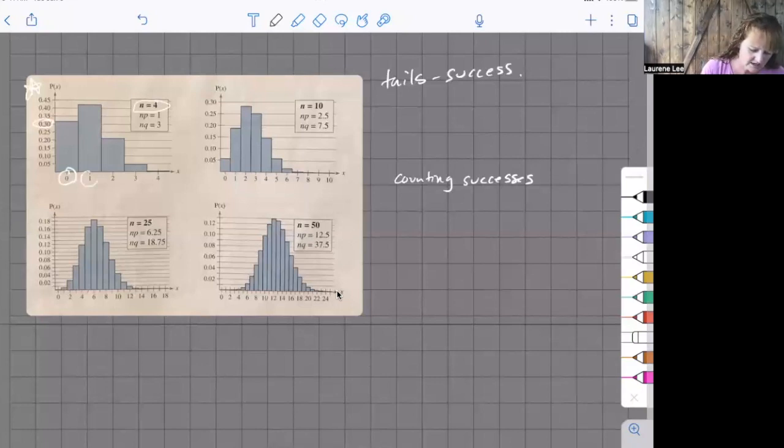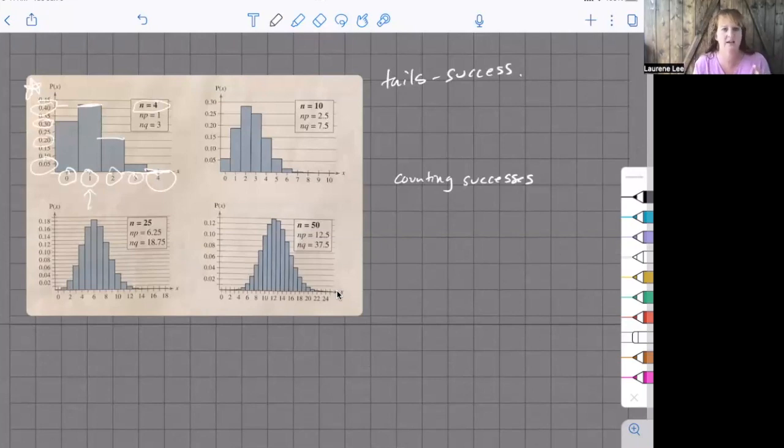40% of the time, I'm going to have 1 tail. 20% of the time, I'm going to have 2 tails, and 5% of the time, I'm going to have 3 tails. 0%, I'm going to have 4 tails. Okay, so that's how these are working. And you can see, because these are discrete, because I have a countable number of possible outcomes, these actually look more like histograms than that smooth curve.